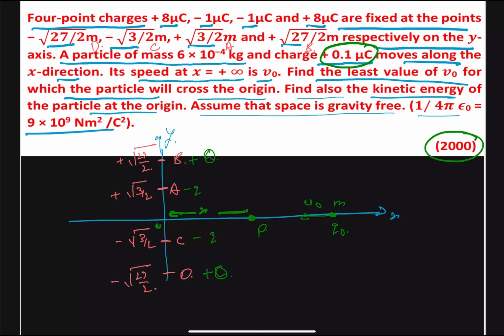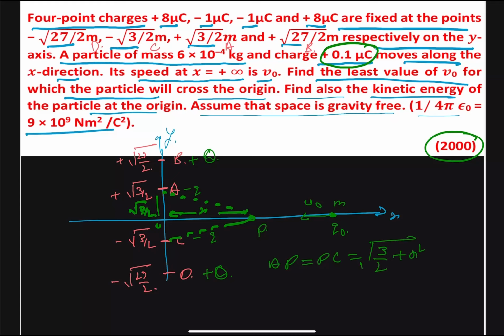Because of symmetry, let us join these points. So we can say our AP will be equal to PC, and this distance is root 3 by 2. So AP equals PC, which comes as the square root of 3 by 2 plus x square.